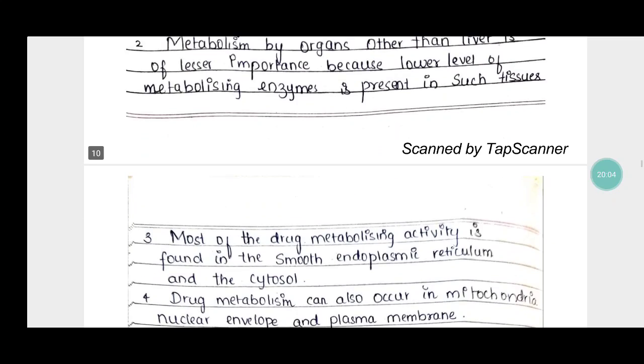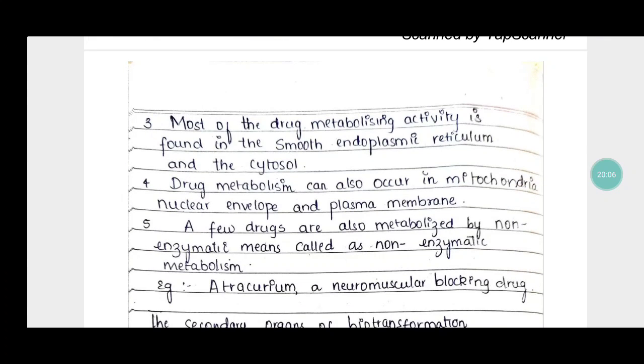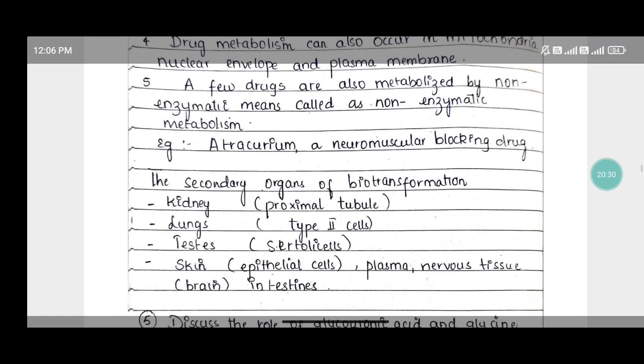Other than liver, kidney, plasma, etc. are sites of biotransformation. Most of the drug metabolism activity is found in smooth endoplasmic reticulum and cytosol. Drug metabolism can also occur in mitochondria, nuclear envelope and plasma membrane.